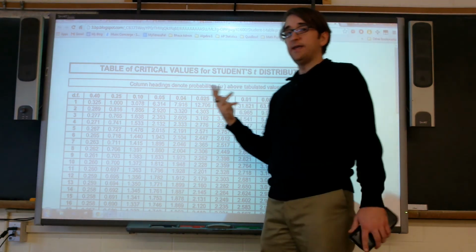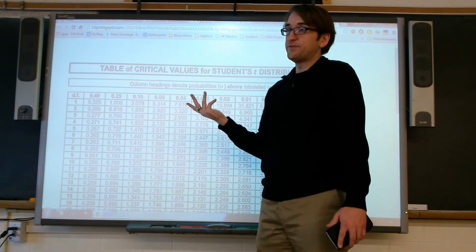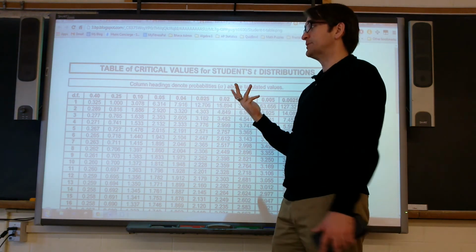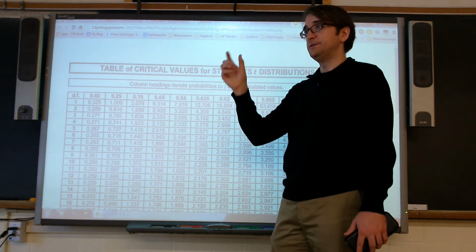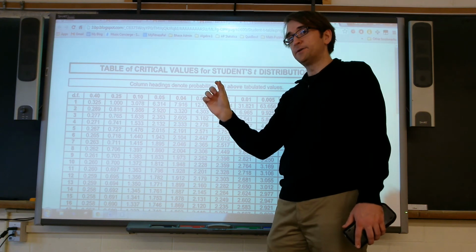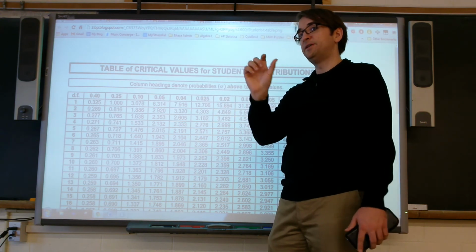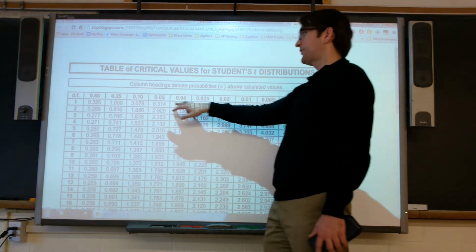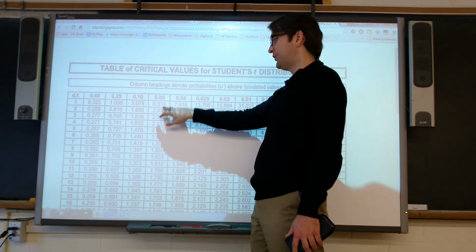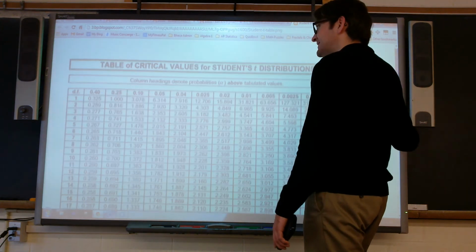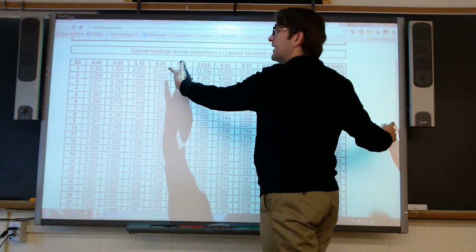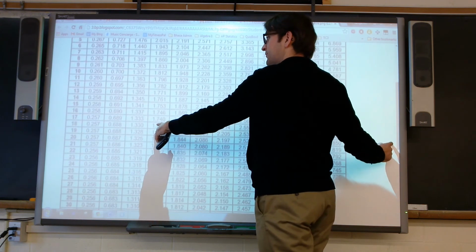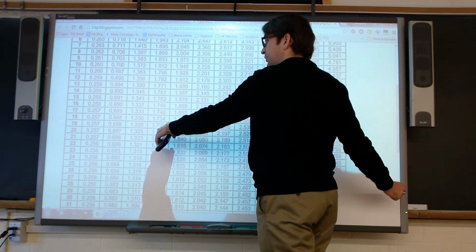If I want a 95% confidence interval, keep in mind what that means. 95% in the middle, 0.05 in total across the two tails. So 0.05 for 19 degrees of freedom would be right here, 1.729.